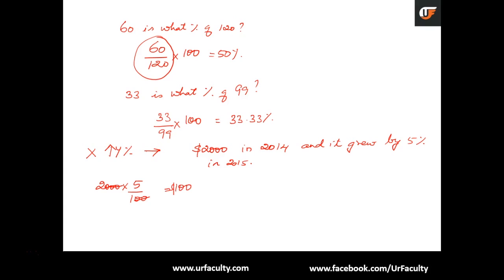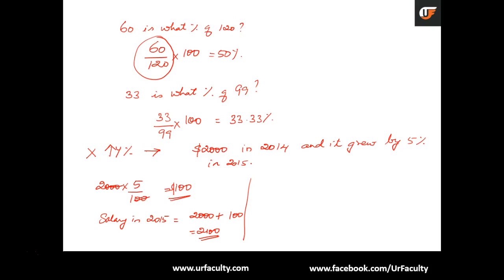So his salary has gone up by $100. So what is the final value? What is the salary in 2015? So salary in 2015 would be 2000 plus 100 is equal to 2100.